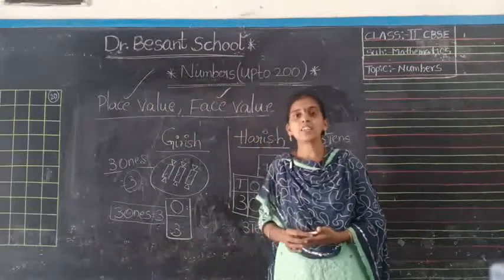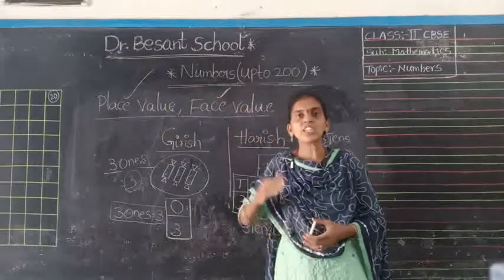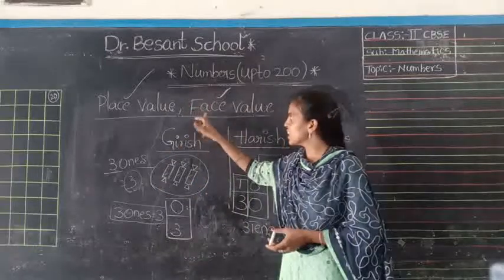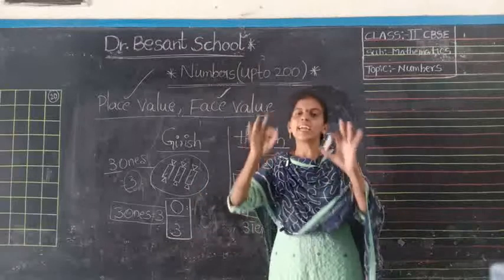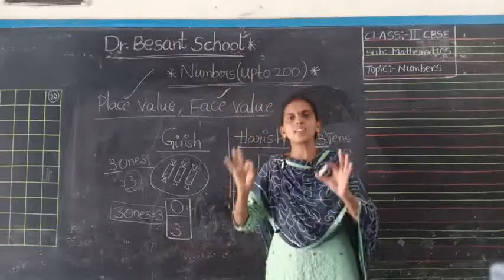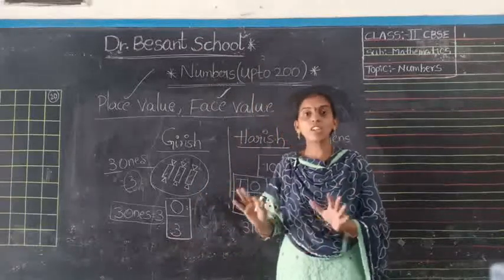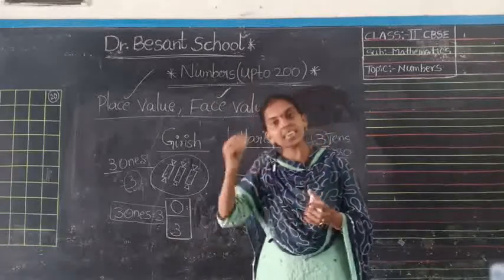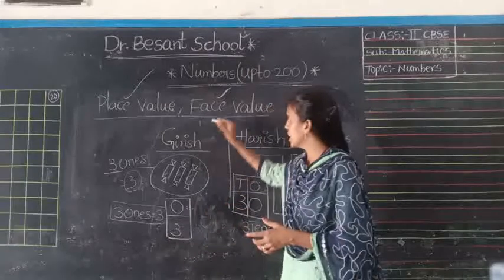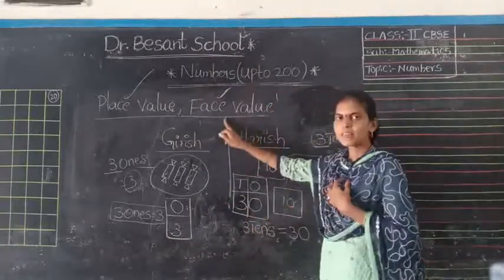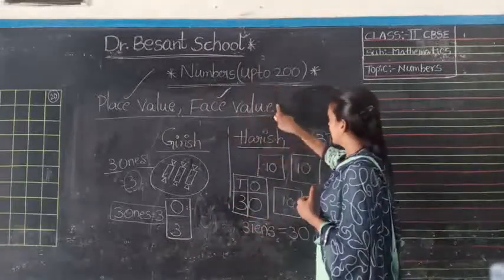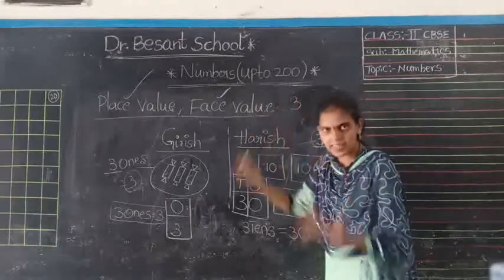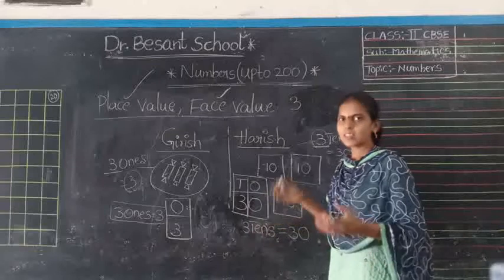That means place value changes from one place to another place, whereas the face value never changes. It remains constant. Same only. Constant means remains the same as it is. If it is 1, it remains the face value as 1. If the digit is 3 in a given number, the face value will remain 3 only.